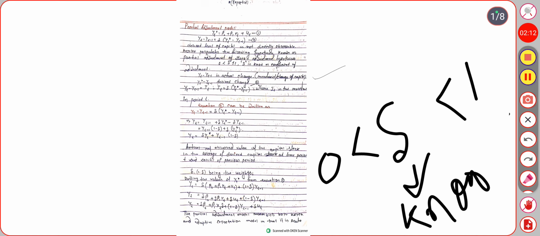In this line, yt minus yt minus 1 is the actual change, and in the next line, equation 3, yt star minus yt minus 1 is the desired change. This is investment.